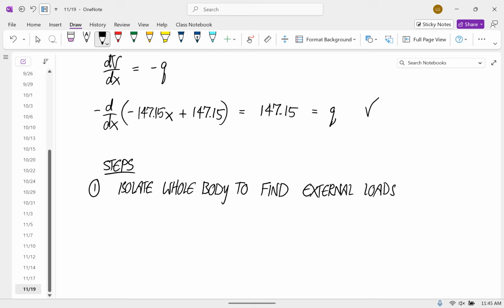That's what we've already been doing. Second, identify any spots where the subfunction will change.